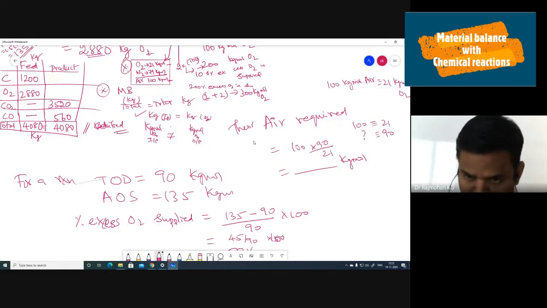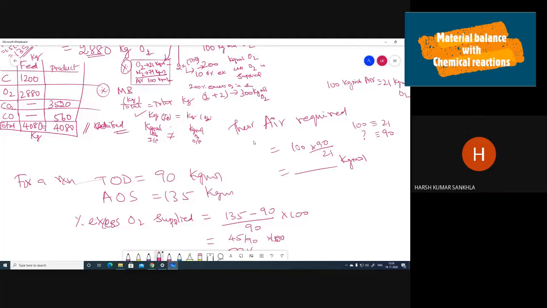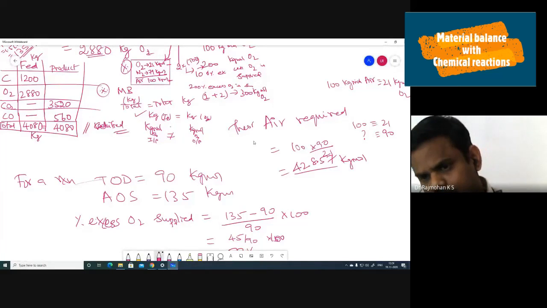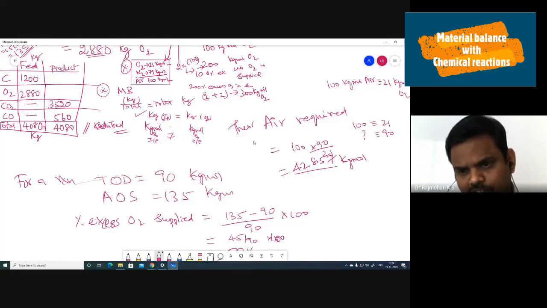One of you unmute and answer. 100 into 90 divided by 21. 428.57. Is that right? Yes, sir. 428.57. You can round it, no problem, rough calculation. So almost 429 kg moles of air is required.